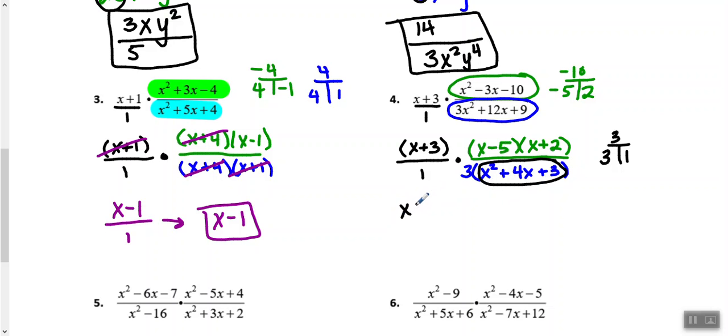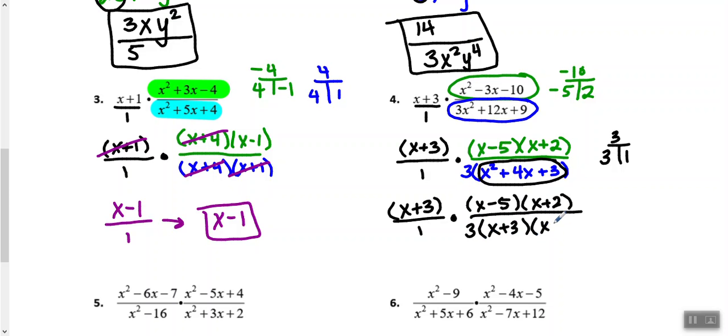So now I'm going to rewrite everything. I have x plus 3 over 1 times x minus 5 and x plus 2 on the top over my GCF of 3 and then my factors of x plus 3 and x plus 1. So now everything is completely factored. I can look to cancel things out.